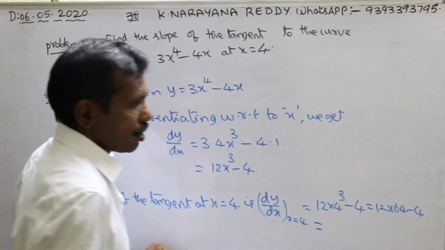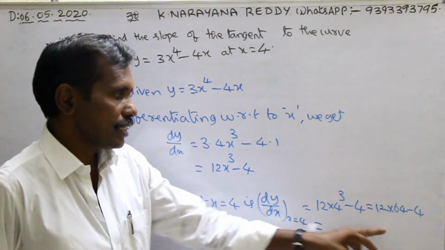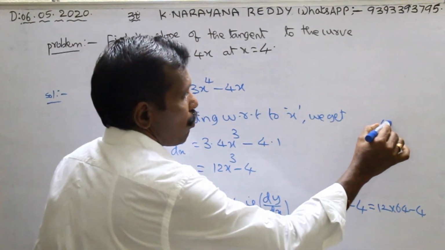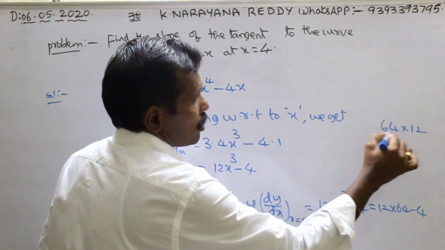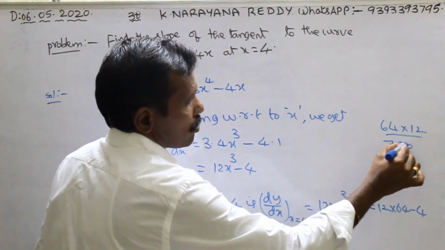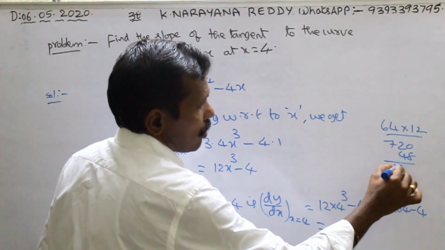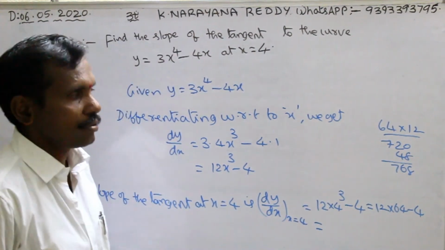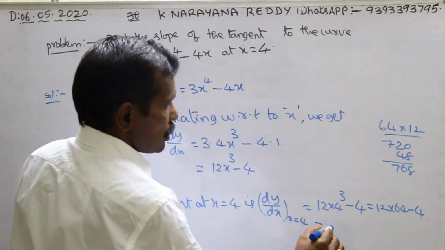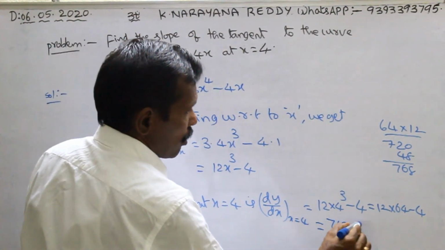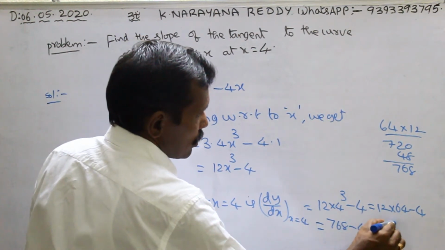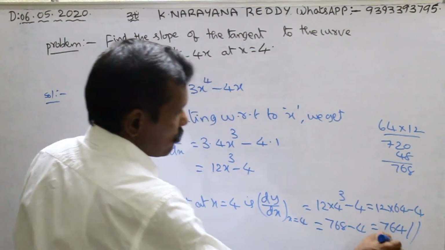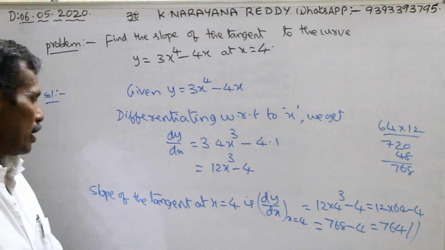Simply you can multiply in this way. So 768 minus 4 is nothing but 764, that is the required answer, okay.